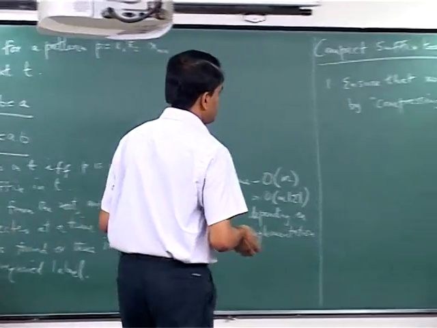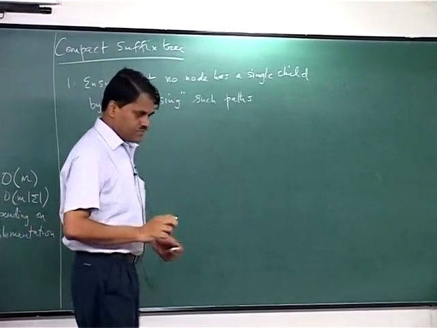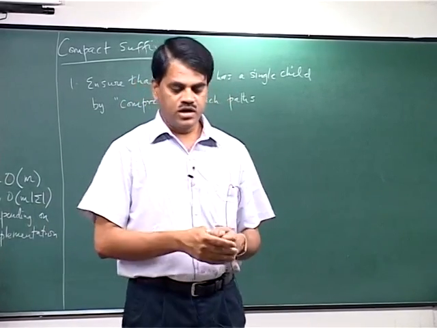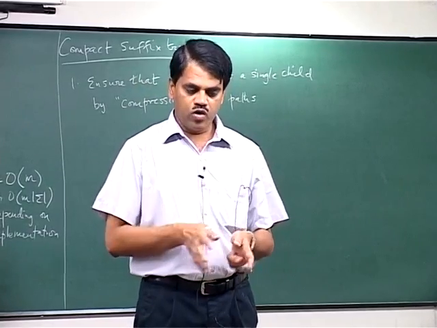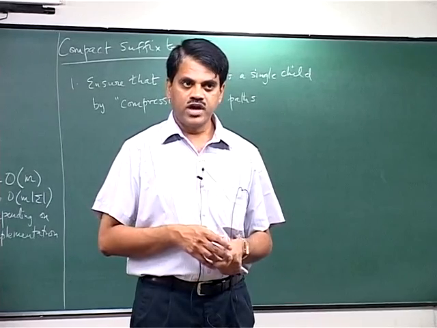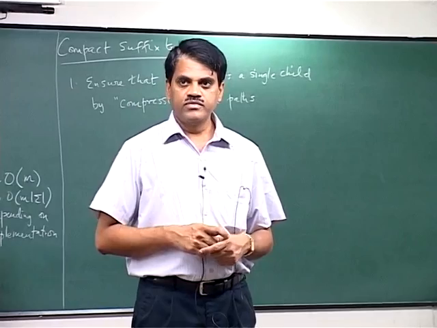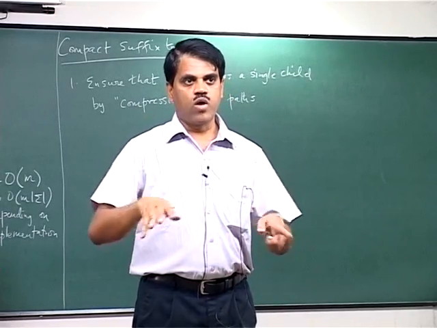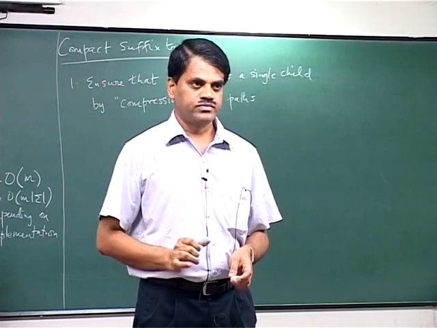What do I achieve by this? This tree has, except for the root, I mean the root can have 2 children, but other than the leaves, every other node has at least 2 children. Okay, so if you look at it as a graph theoretic tree, then every node has degree either at least 3 or 1. There are no degree 2 nodes except for one, which could be the root.